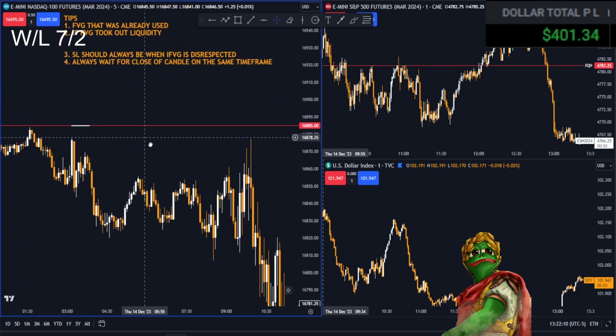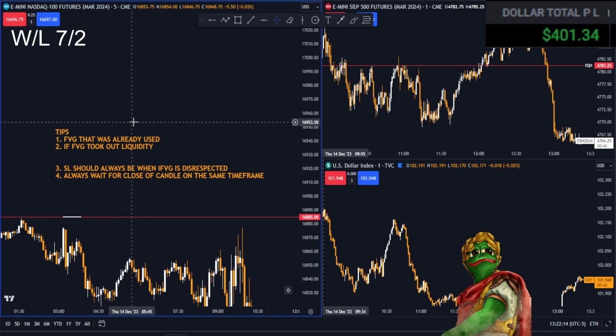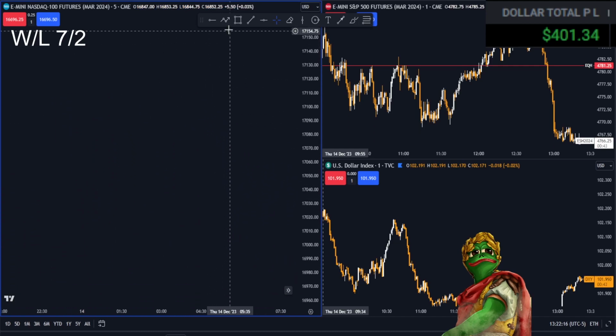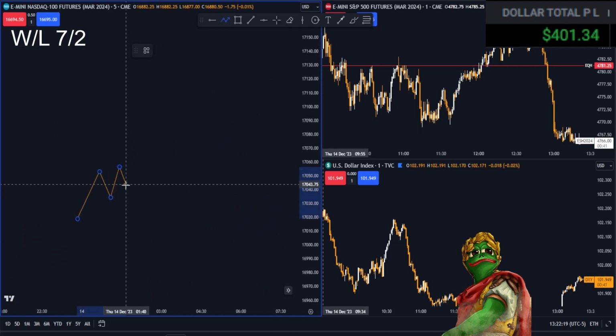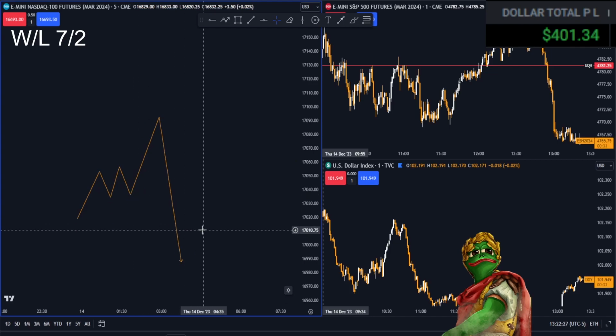And now I'm gonna just show the final tip for those that are still in this video. Some of you might already know the 22 model. And this is where the inversion fair value gap is really excelling.